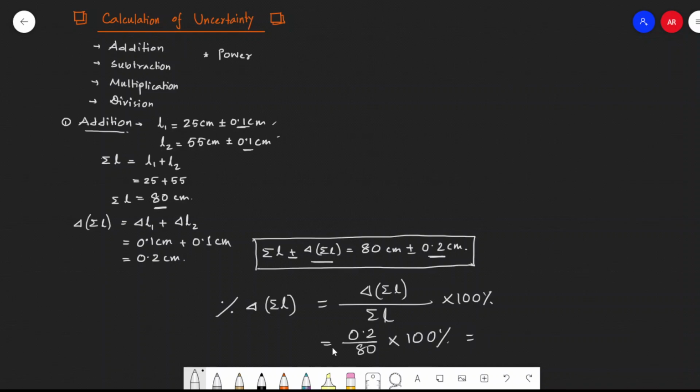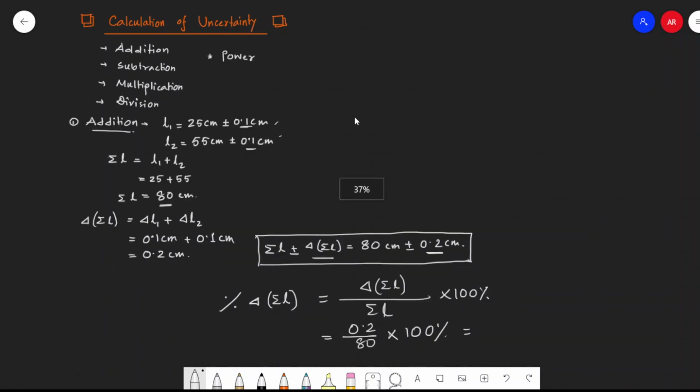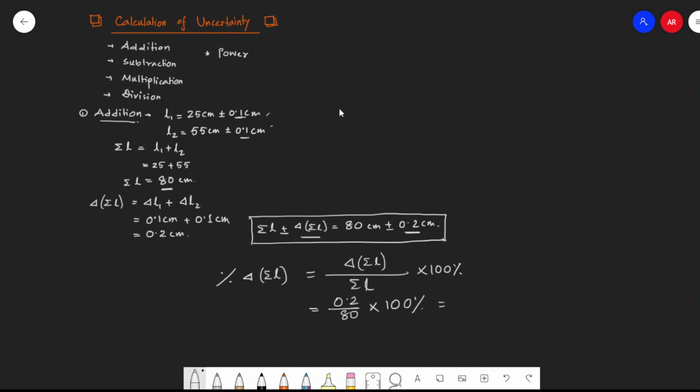So it is some percentage right here. Whatever value you get right here in percent is the percentage uncertainty of the total length. So this is the formula that we use for finding the percentage uncertainty: percentage uncertainty is absolute uncertainty divided by value multiplied with 100%.